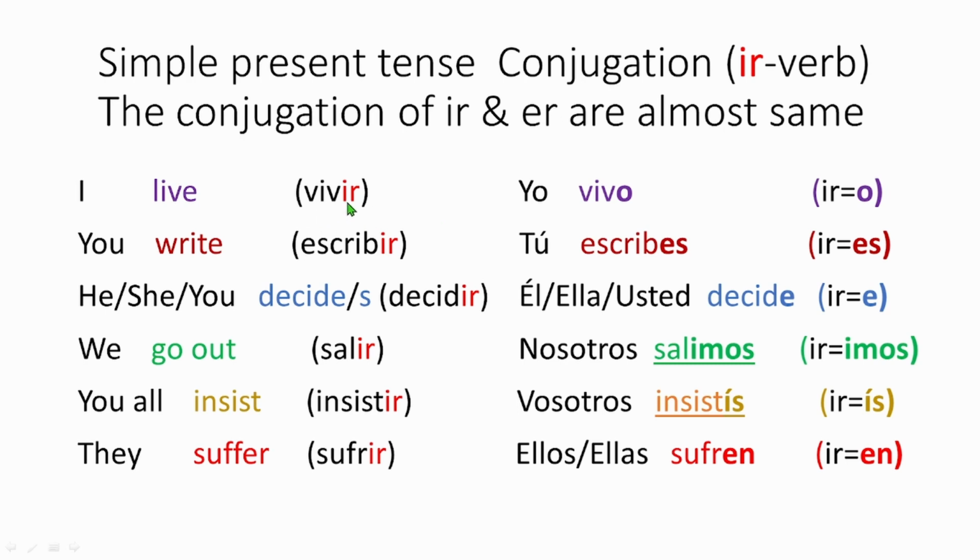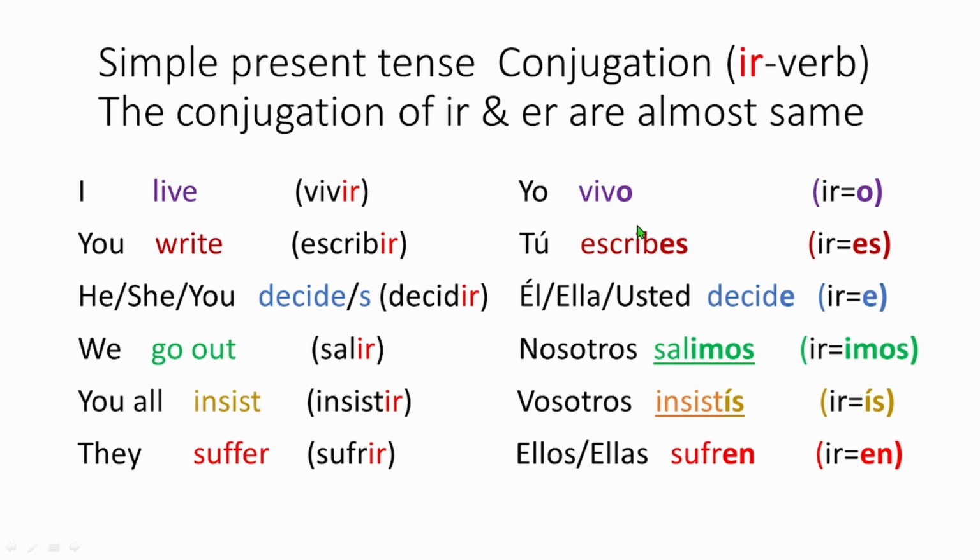Vivir, IR, we replaced it with O, so it becomes vivo for the first person. If you say you write, then write is escribir, so tú escribes. How did we make it? IR is replaced with ES, right? So this is the original verb, IR replaced, and we made it ES. Escribes.